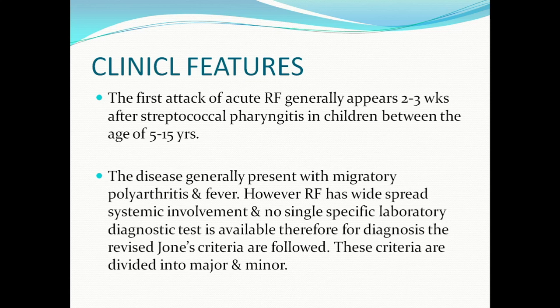The sequence starts with pharyngitis, meaning infective components. There is a role of autoantibody formation, and these autoantibodies are identical to human tissues, and there will be involvement of multiple systems like skin, heart, joint, lung.